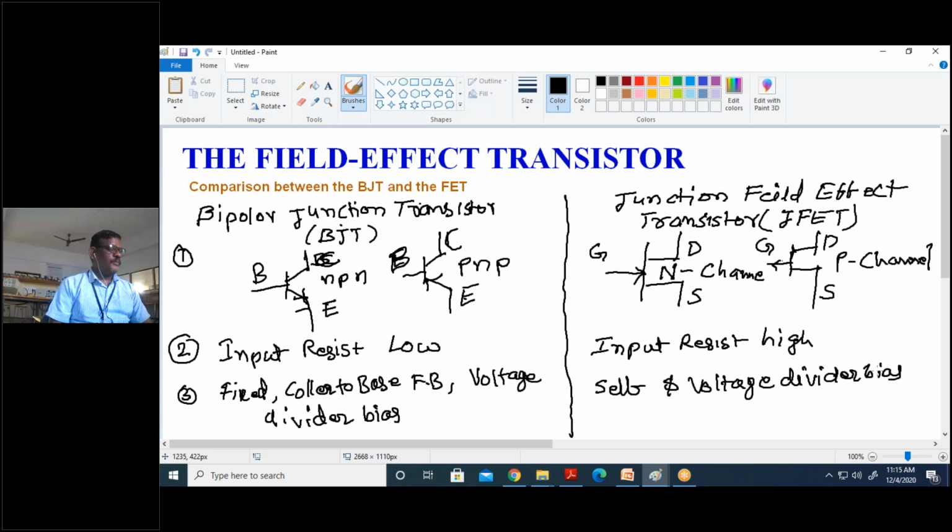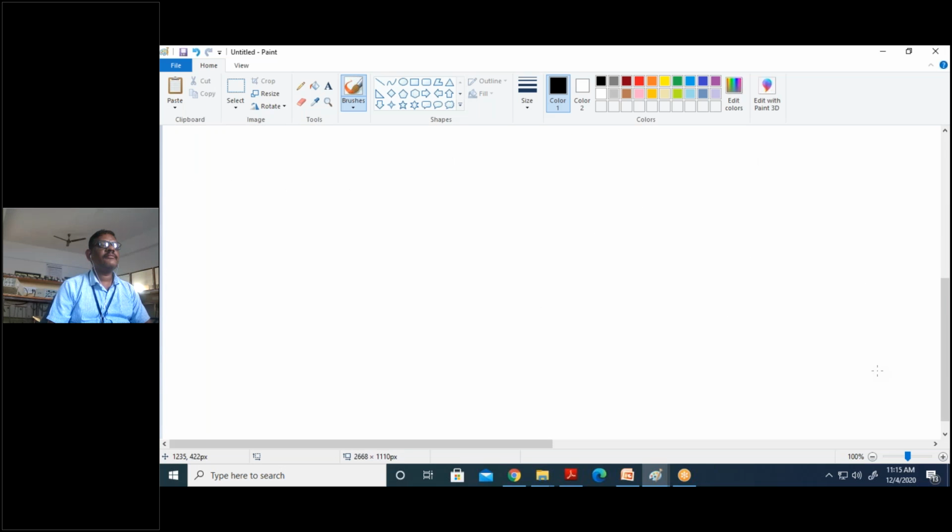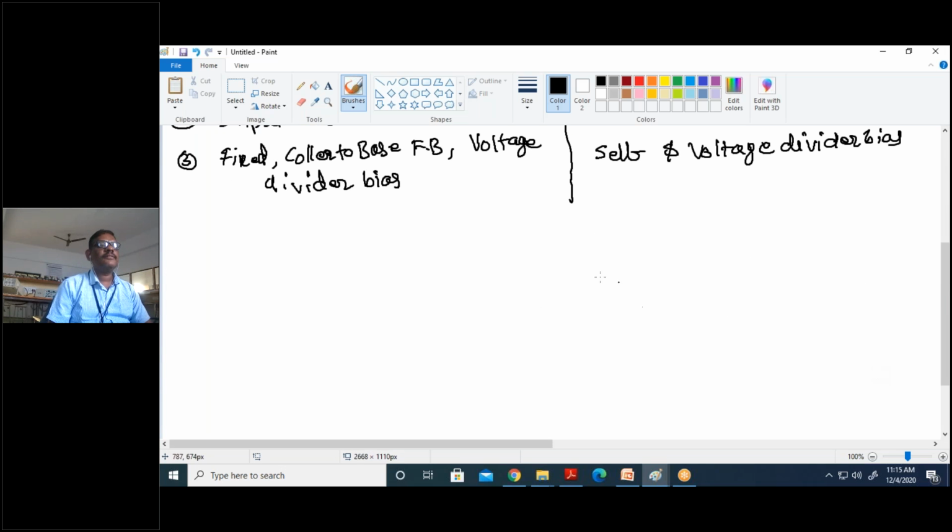And the fourth point, operating region. In BJT, the transistor works every time in the active region.